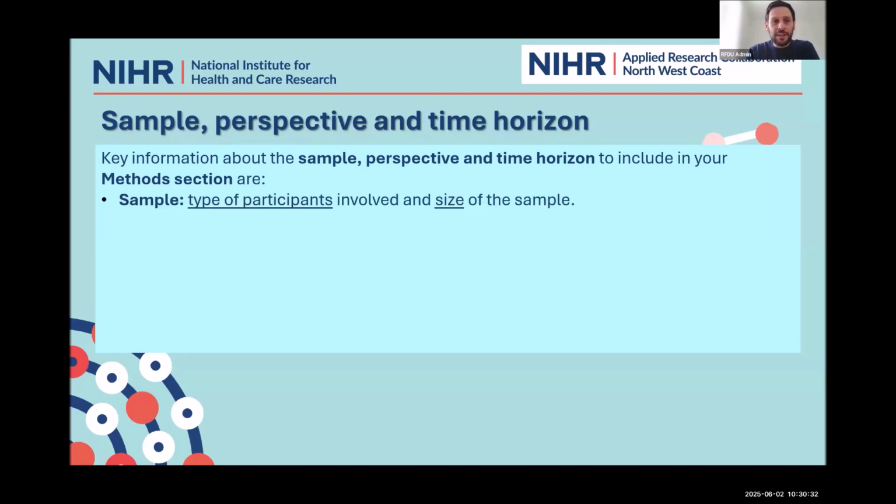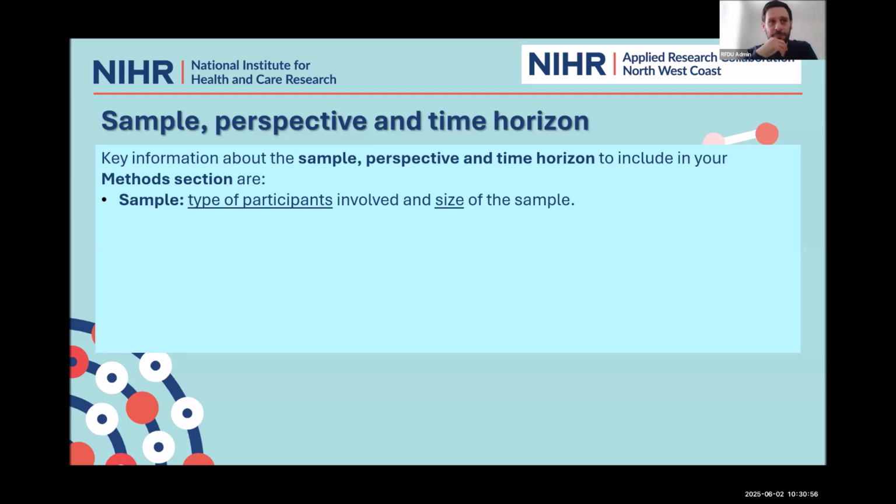of the paper. So in terms of the sample, the information you are going to extract is the type of participant involved and the size of the sample. So sample differs a bit from the population because it will have more information about the actual characteristics that the authors wanted to include in terms of particular participants of the study.